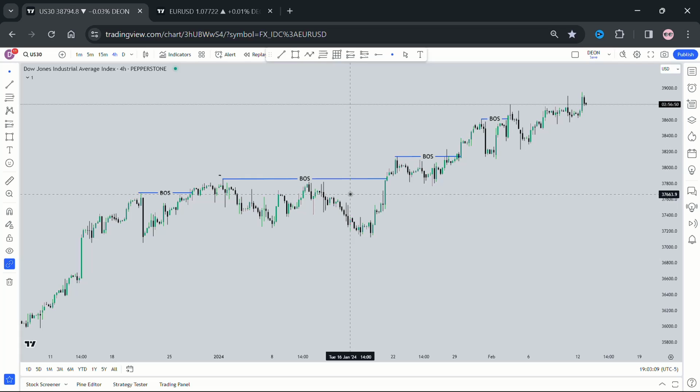So if your analysis time frame was on the 15-minute chart, for example, and you are trying to use the 4-hour chart as your bias, let me just mark this low here, even here.